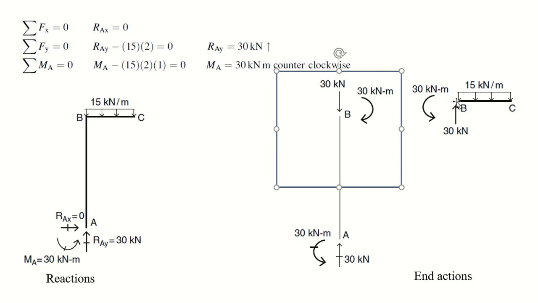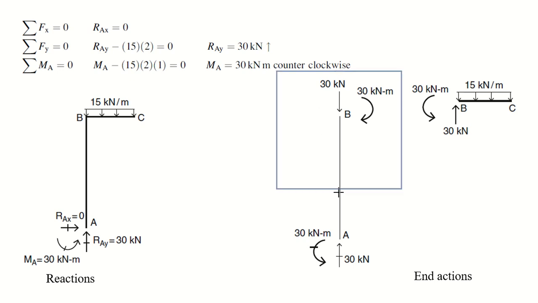Similarly, here 30 kilonewton meter bending moment was applied in the counterclockwise direction, so you apply here a clockwise direction, right? So first you made your joint in equilibrium. If it is in equilibrium, just compare the joint B in the beam and in the column.